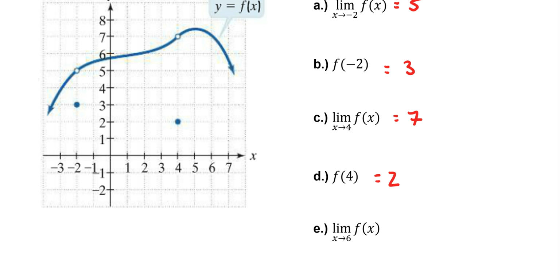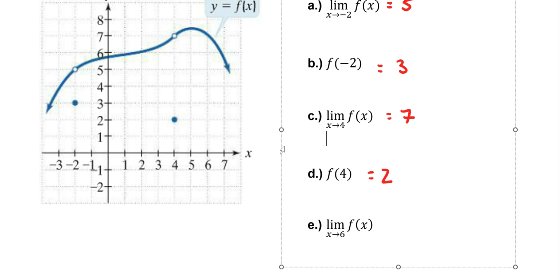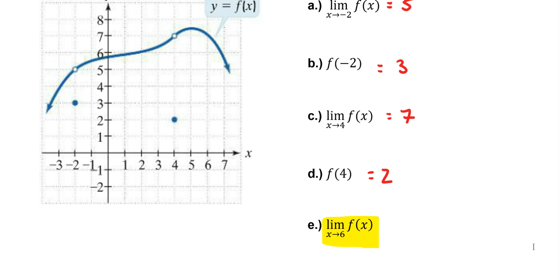All right, and then the last one here, we have the limit as x approaches 6. So we find 6, we go up to the curve. There's nothing weird happening, right? There's no holes or discontinuity. The curve looks like it's continuous here. So we're going to do this one the same way we always do it with limits. We're going to approach 6 from the left and approach 6 from the right.